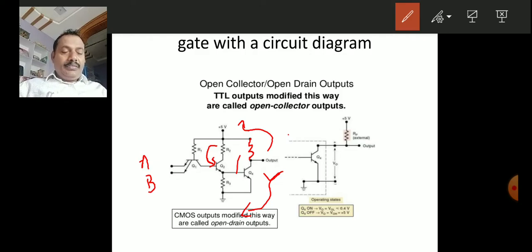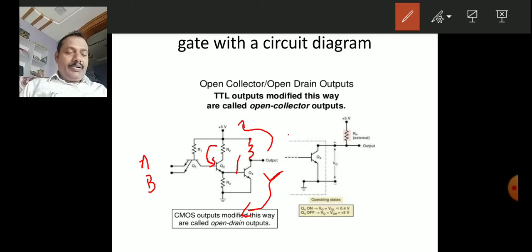The main disadvantage of the open collector circuit is its low speed. This is due to the fact that if the output changes from low to high, the transistor has to change from saturation to cutoff. This means the charge carriers present in the collector of the transistor should be removed.